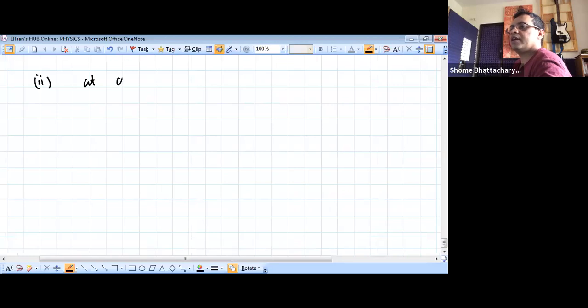So at a height of h equal to 300 kilometers, g will become this quantity.